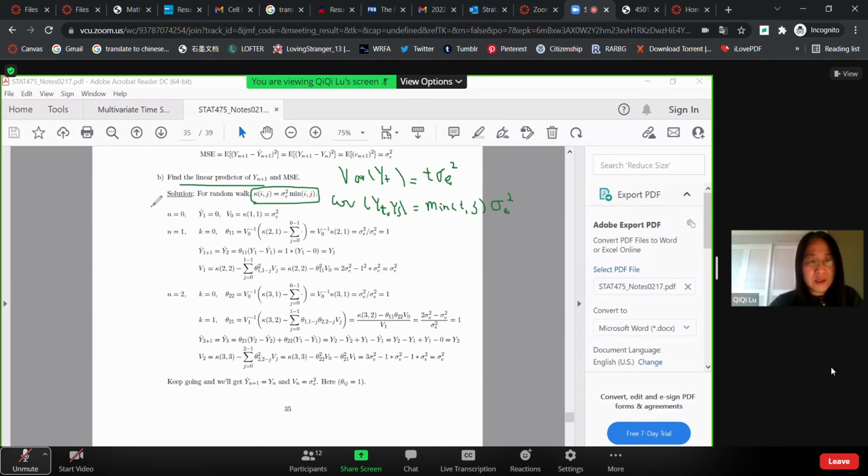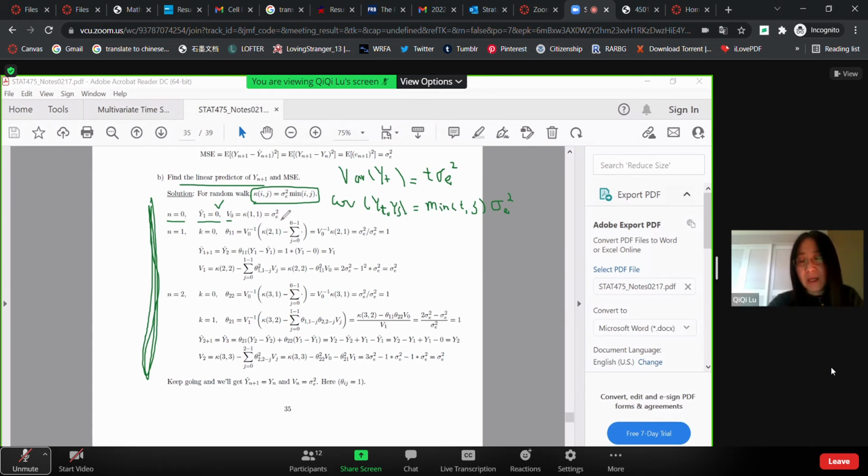This is the way we can calculate the linear predictor by the innovations algorithm. We start with n equals 0, Y1 hat equals 0 right here, and V0 is kappa 1,1.